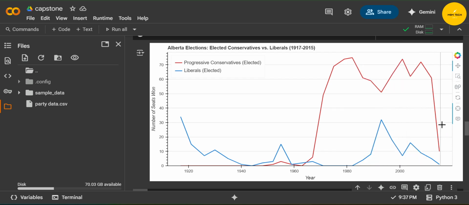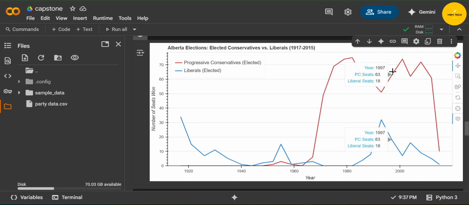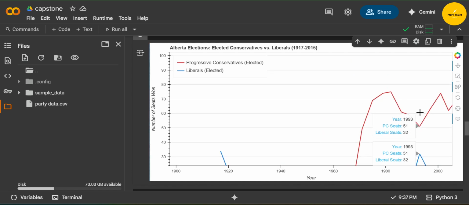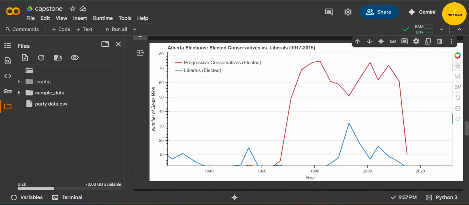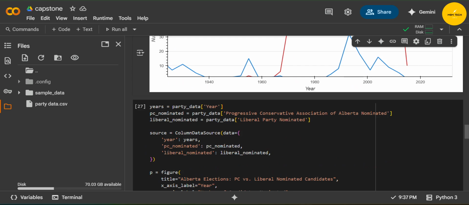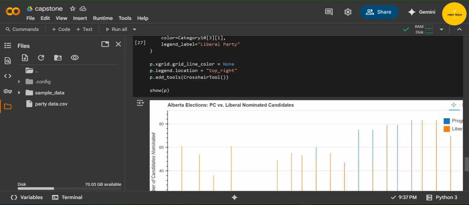And Bokeh comes with a lot of other features, like on the side, you can move it around and whatever. And for the next graph I also did a bar graph.